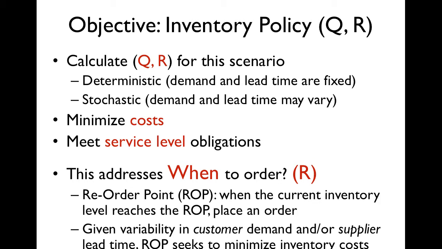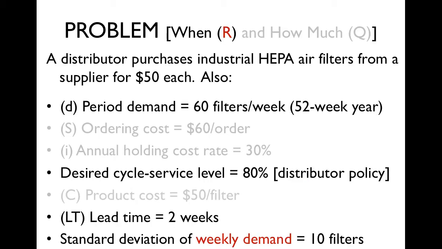So things are supposed to show up at a certain date, sometimes they may be late. We need to account for these sources of variation from customers and from suppliers in determining what the reorder point should be. Given all that information, I've grayed out again the things that are not relevant from the overall problem statement to the calculation of reorder point, just as we did in the EOQ video.